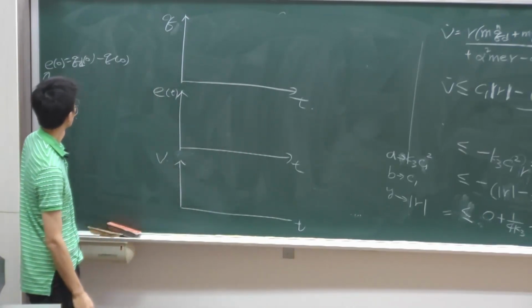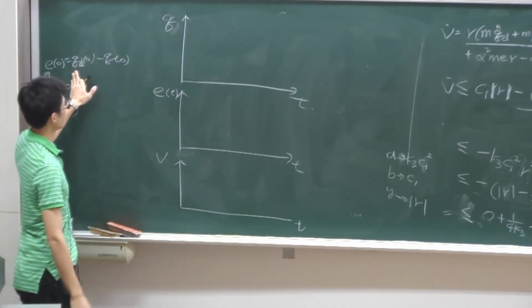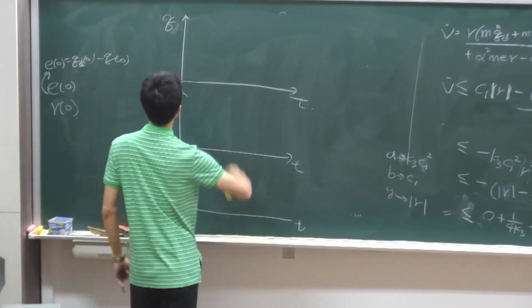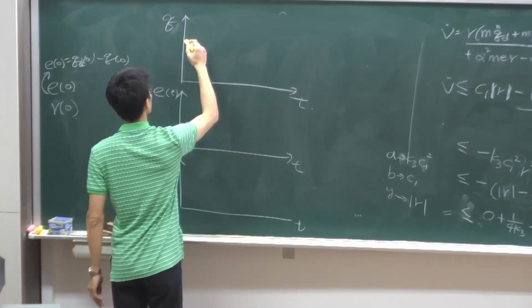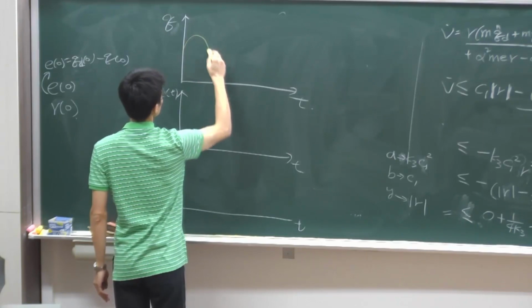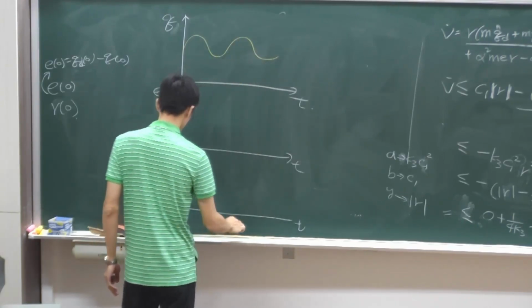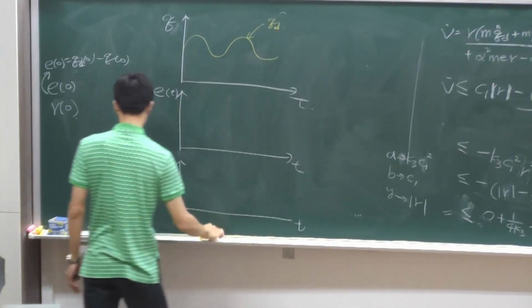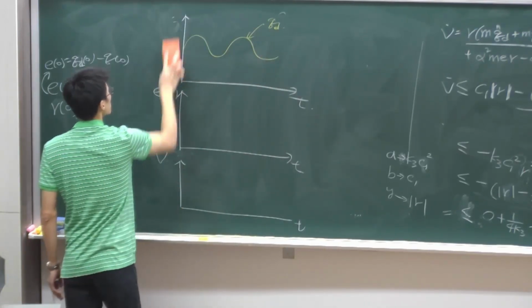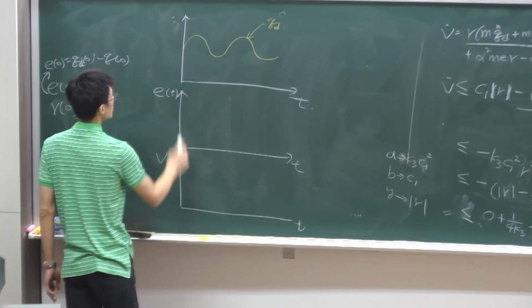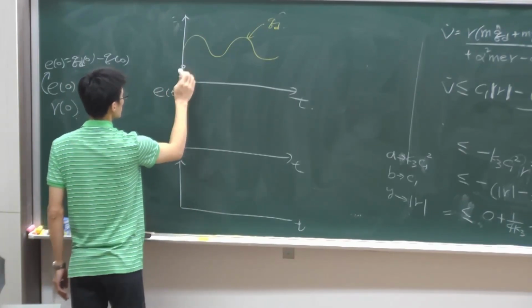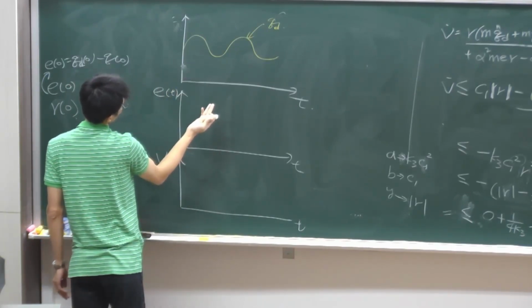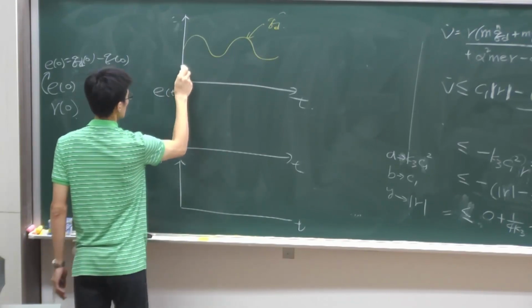So initially, you design some trajectories, like sine function trajectories. Okay, it's QD. And initially, your Q is here.